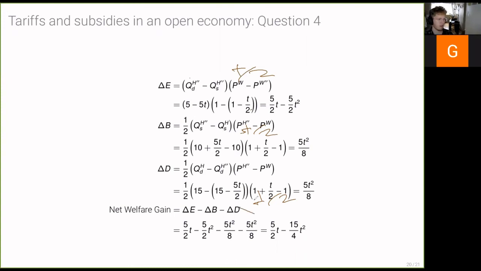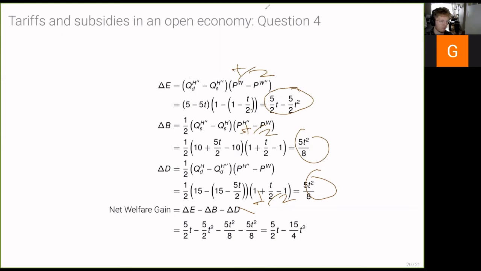And so that's going to give us that these areas here are given by this expression, this expression, and this expression. So when we add up E and then subtract B and D, what are we going to get?